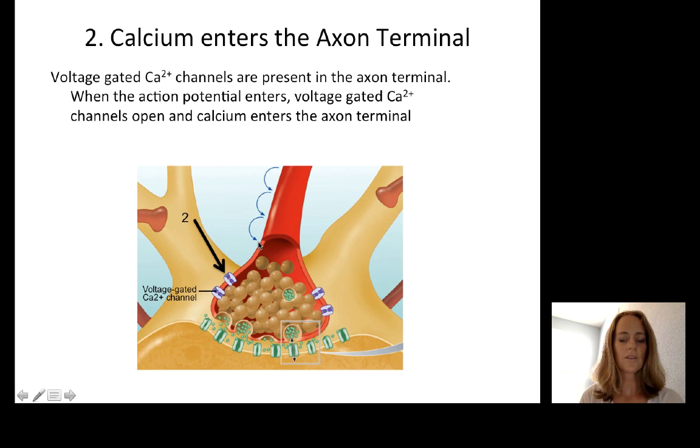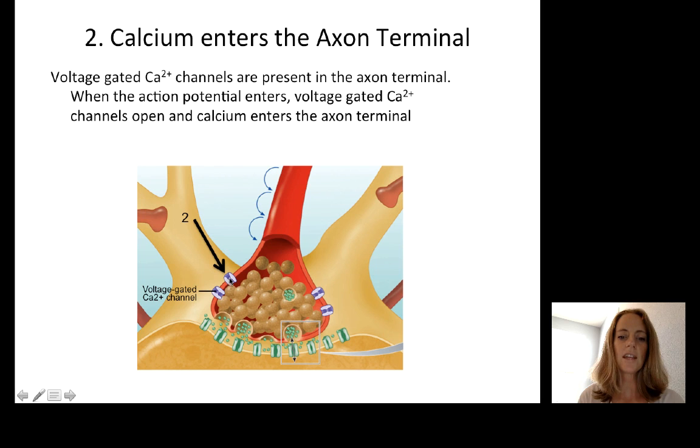The action potential actually opens up here in the axon terminal some voltage-gated calcium channels. Now we've talked about voltage-gated sodium and potassium channels, which help us with the action potential. Here's another type of voltage-gated channel that does not cause an action potential, but what this causes is release of neurotransmitter.